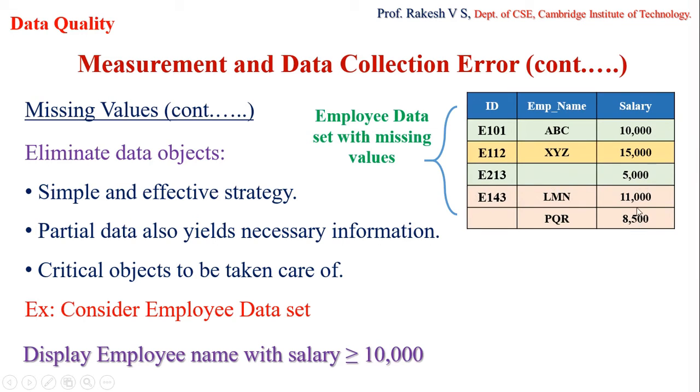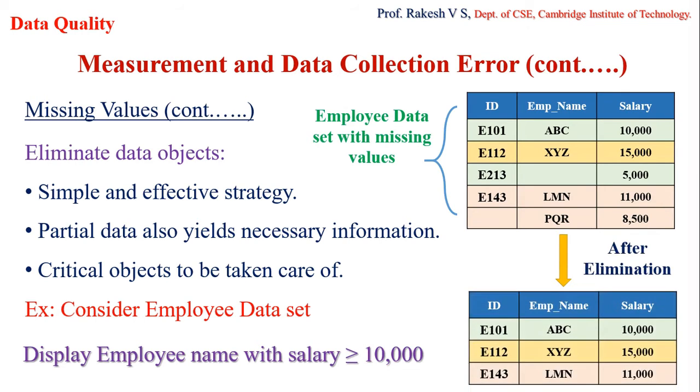And if I see this one also, here also salary is less than 10,000, which is 8,500. Therefore, I don't want this row either, which means I can delete these two without any doubt and form a new table, right? So after elimination, I take up this new table. From this new table, I'll be able to obtain the required answer for my analysis. So this is what missing value handling means with respect to eliminating the data objects.